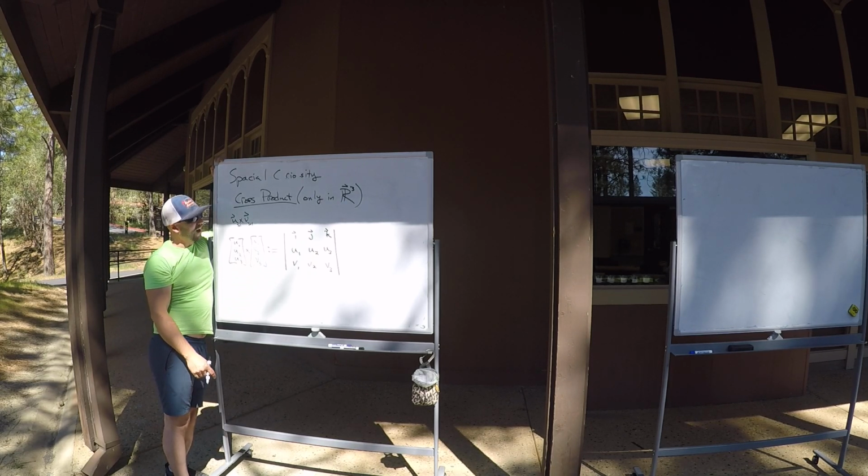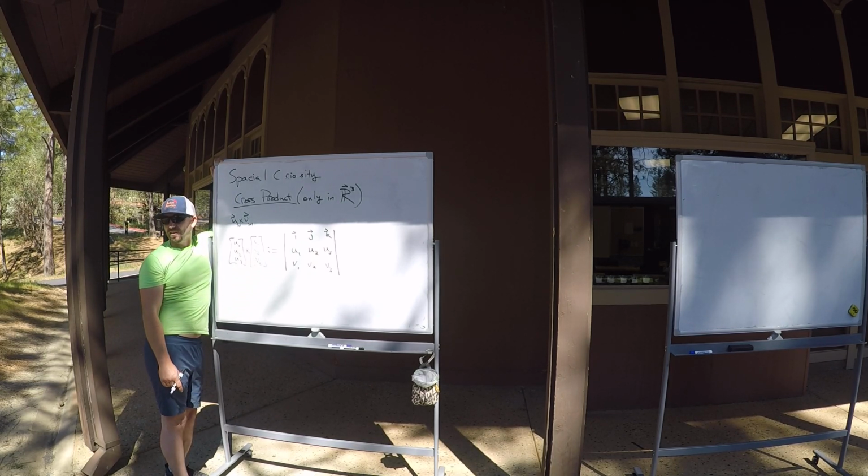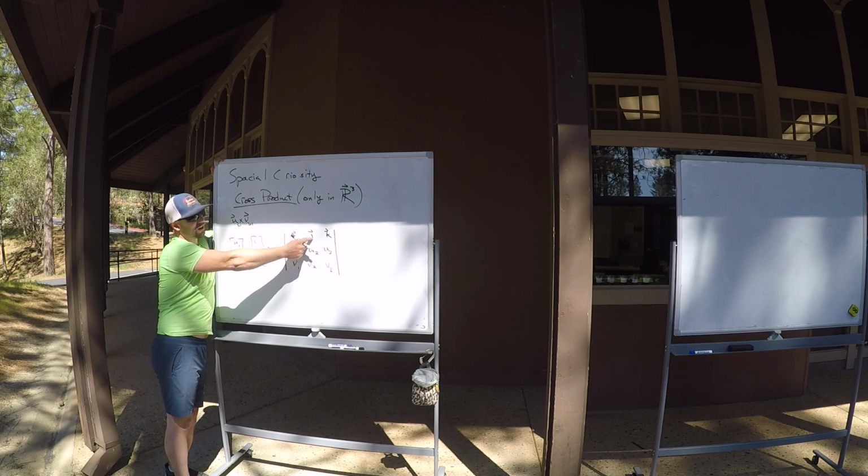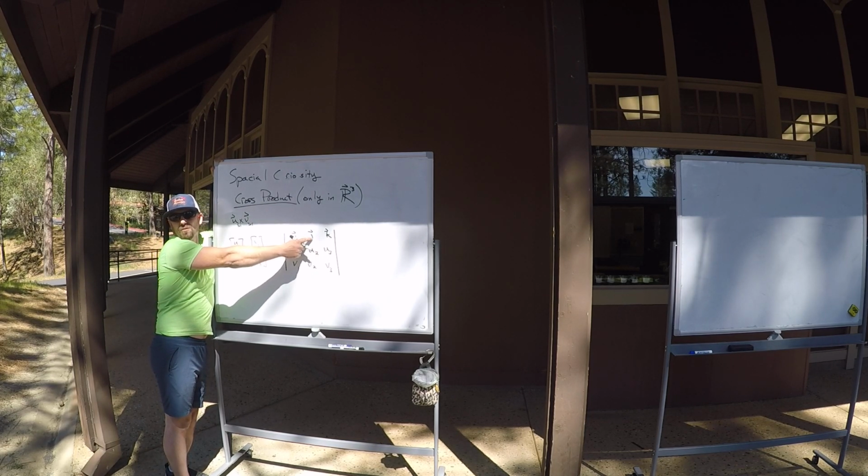So by i, j, and k, I mean these standard basis vectors in R3. This is the vector 1, 0, 0, this is the vector 0, 1, 0, and this is the vector 0, 0, 1.